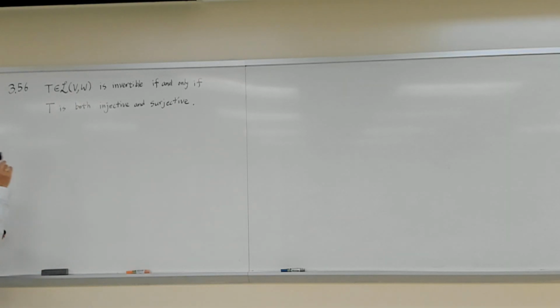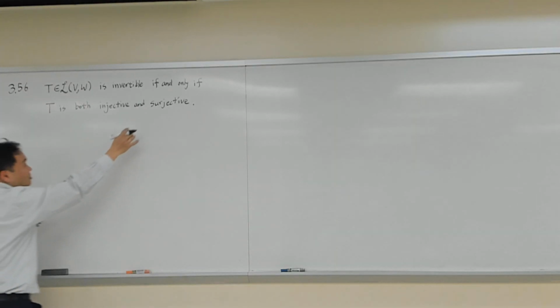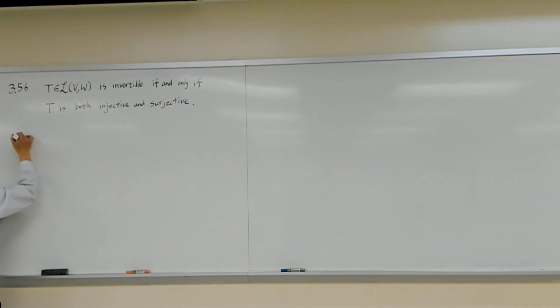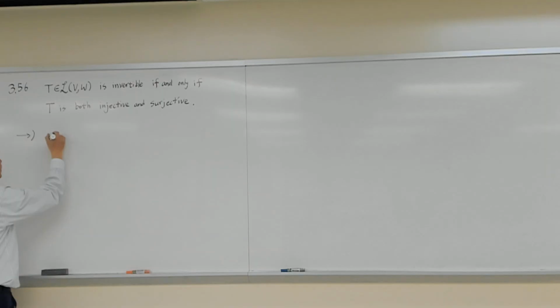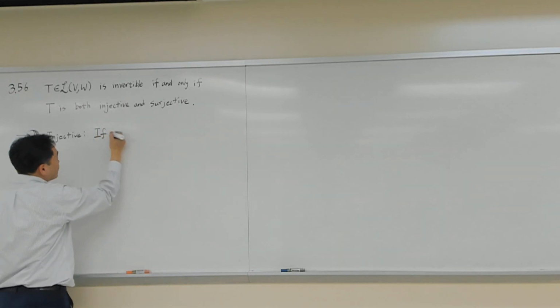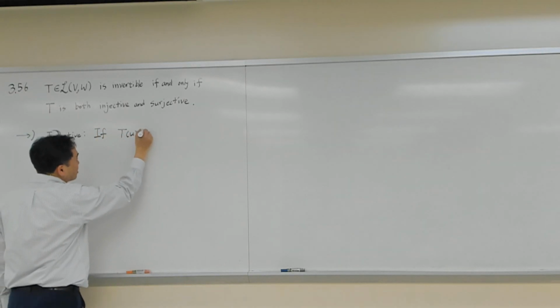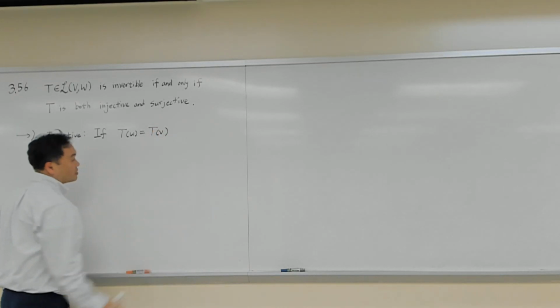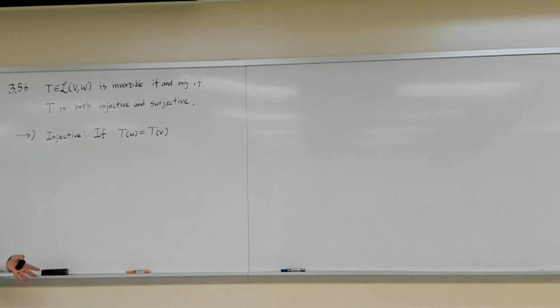So let's, again, this is if and only if, so we have to prove in 2 steps. Let's prove this. So if T is invertible, I want to show that it's injective and surjective. Well, first, injective. If T of U is equal to T of V, to show injectivity, we have to show that U and V are equal, right?